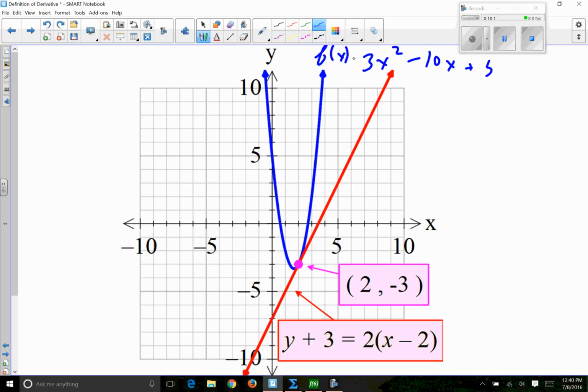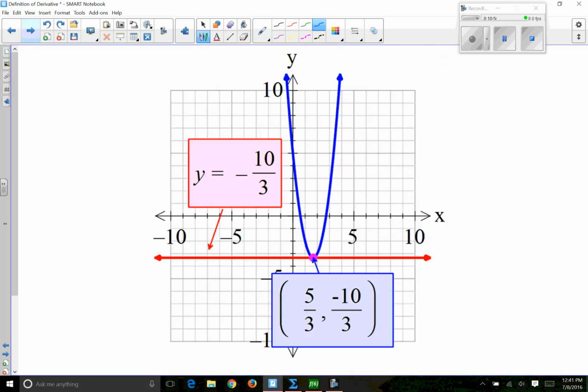This blue parabola is f of x equals 3x squared minus 10x plus 5. This red line has a slope of 2, and it's the tangent line to the blue parabola at x equals 2, or at the point (2, -3).